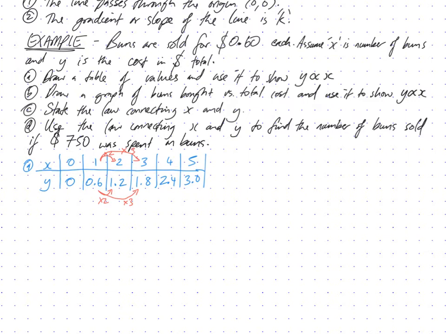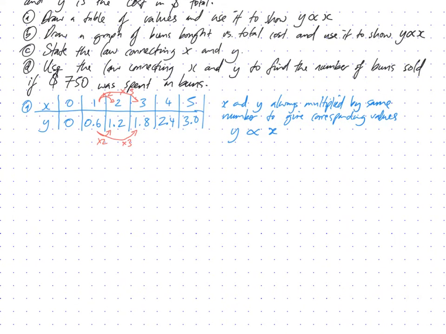So x and y are always multiplied by the same number to give corresponding values. So y is directly proportional to x.